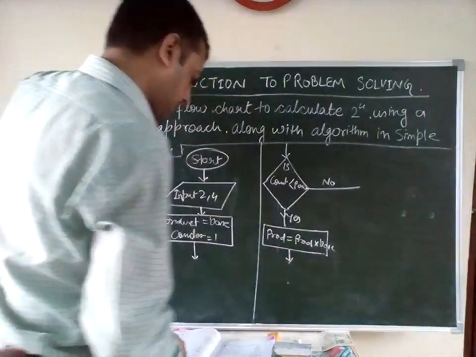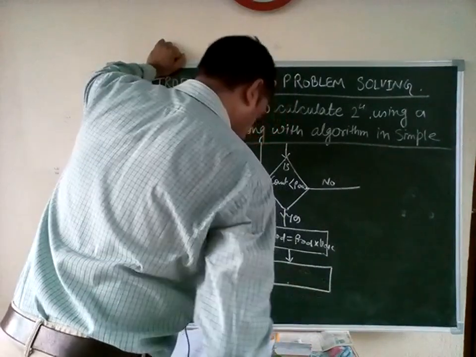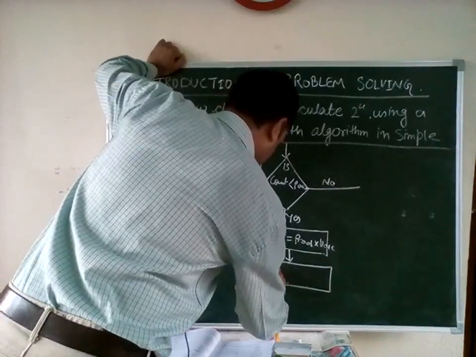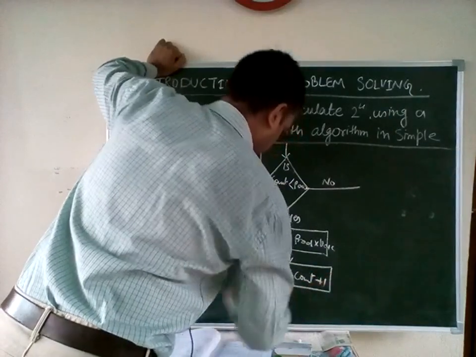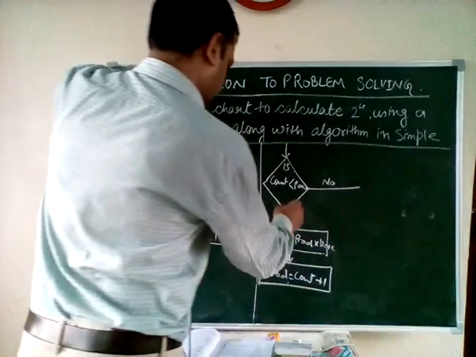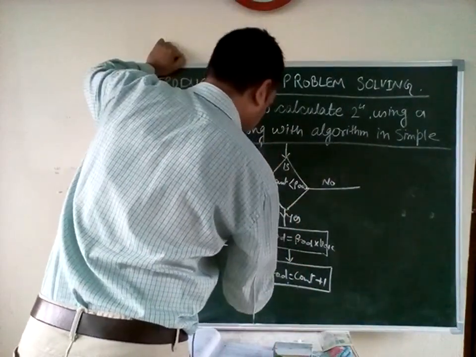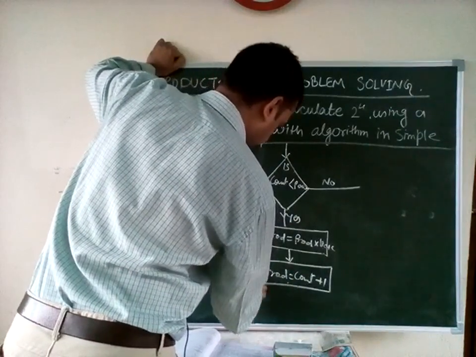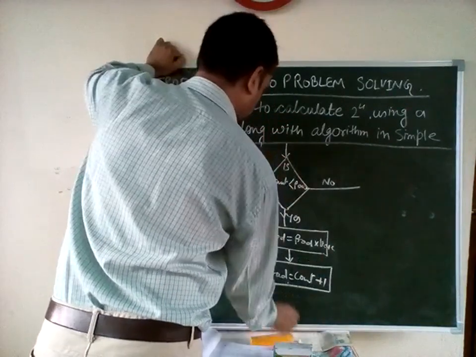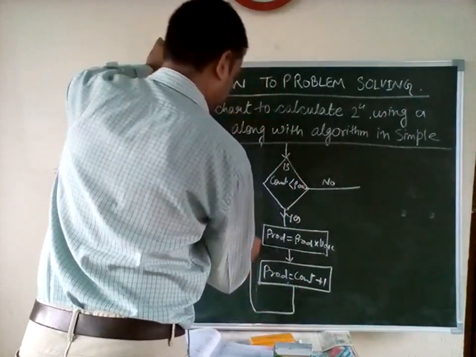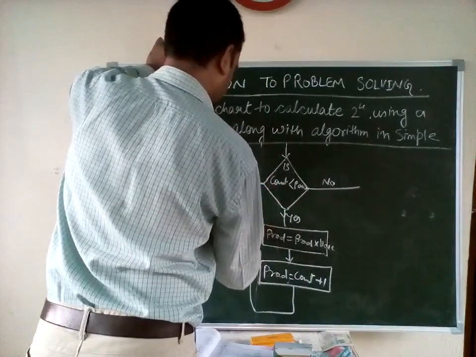Now again I want to increase the counter also. So counter equal to counter plus 1. Then if this condition is true, the condition will be checked again, and if it is again true, then the control will again go to the while loop.